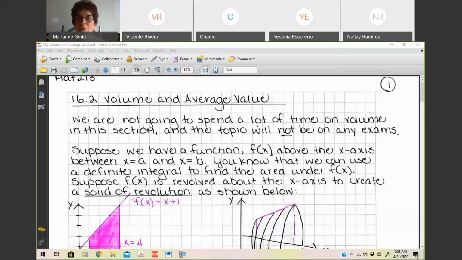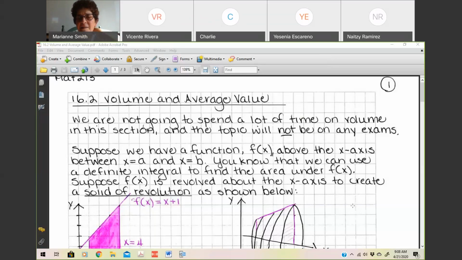Another reason you might need to know the volume of a solid is it might be difficult to actually go out and measure the volume. For example, suppose you needed to know the volume of an asteroid, okay? If you have a function that describes it, let's say it's basically the shape of an ellipsoid, like an egg-shaped thing, you could calculate the volume of it using this method.